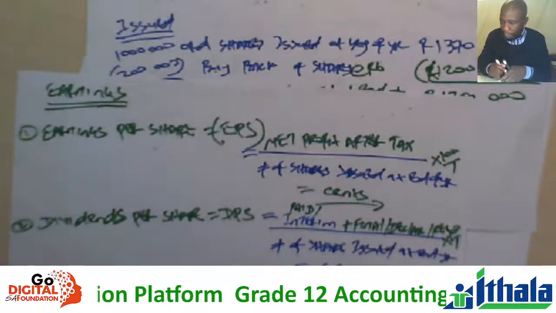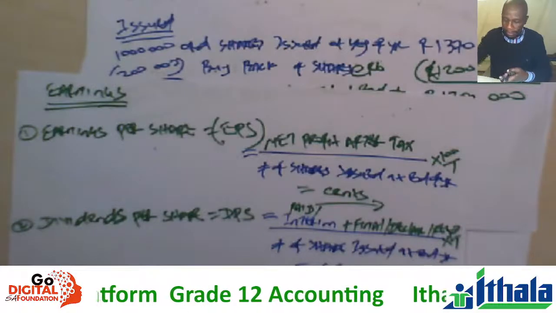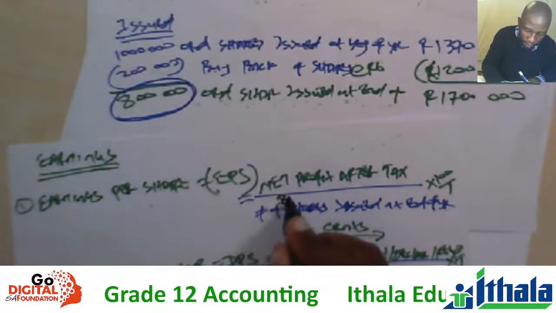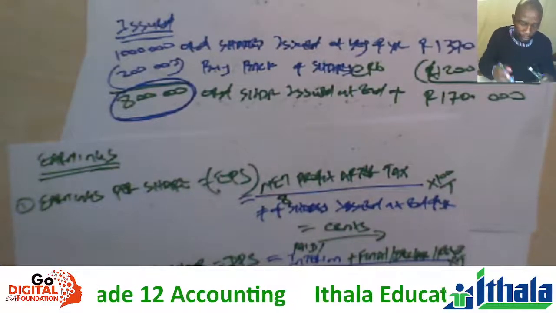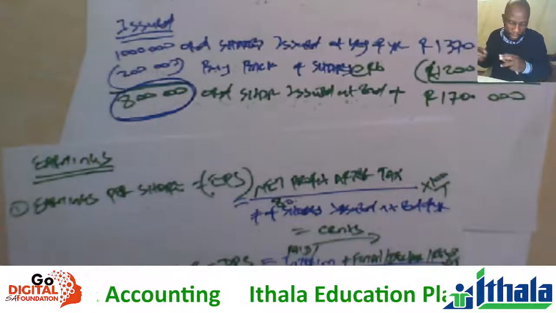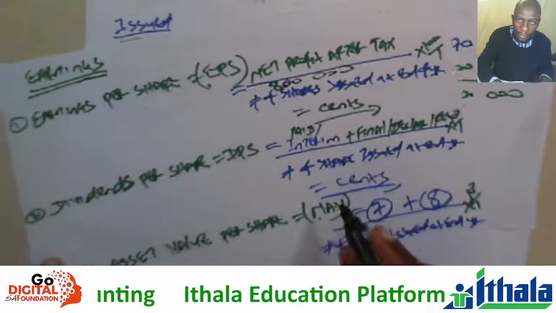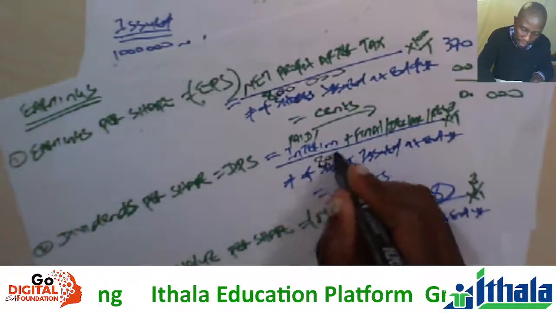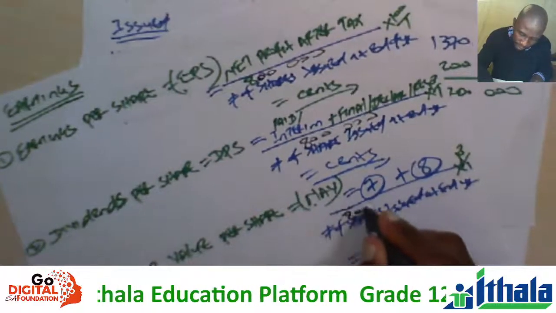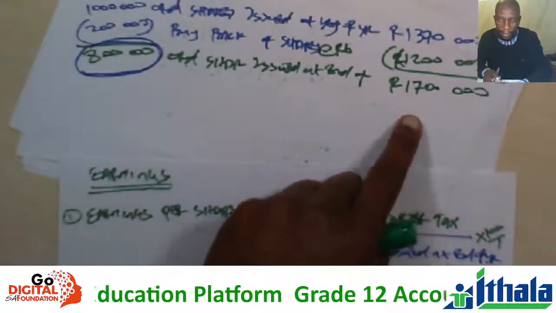Let me use the black marker. All these ratios are divided by 800,000, because the denominator is the same. Already we have the first figure for note number 7.